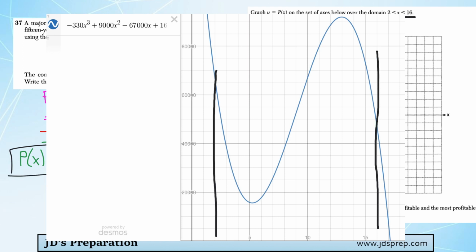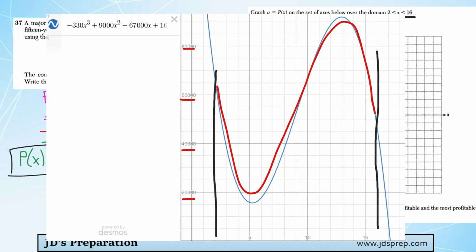So when we're done, we're going to have a graph that looks like that. And then for the window settings for your y-axis, I started at 0 and went up to, I think it was 90,000. You can see that here's 20,000, 40,000, 60,000, 80,000.